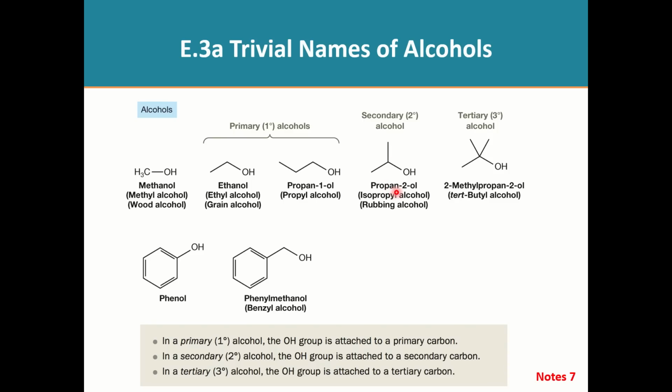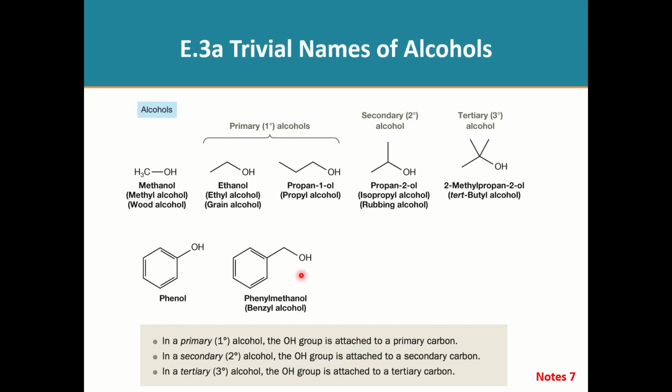Propane-2-ol. Ethanol, we call it ethyl alcohol or grain alcohol. That's what's in alcoholic beverages. We call this benzyl alcohol. You know, these are just common names that as you are in the field long enough, you just know and you just have them memorized. Okay? But you don't focus your attention on memorizing those.